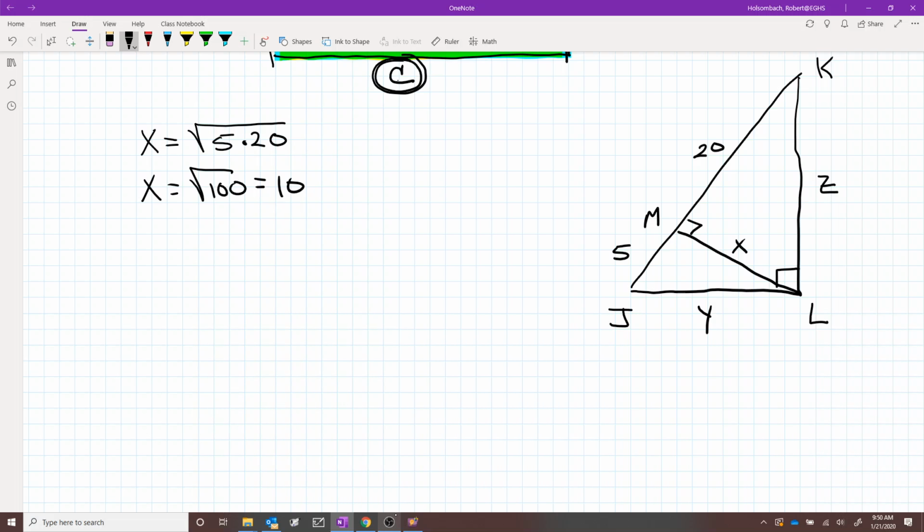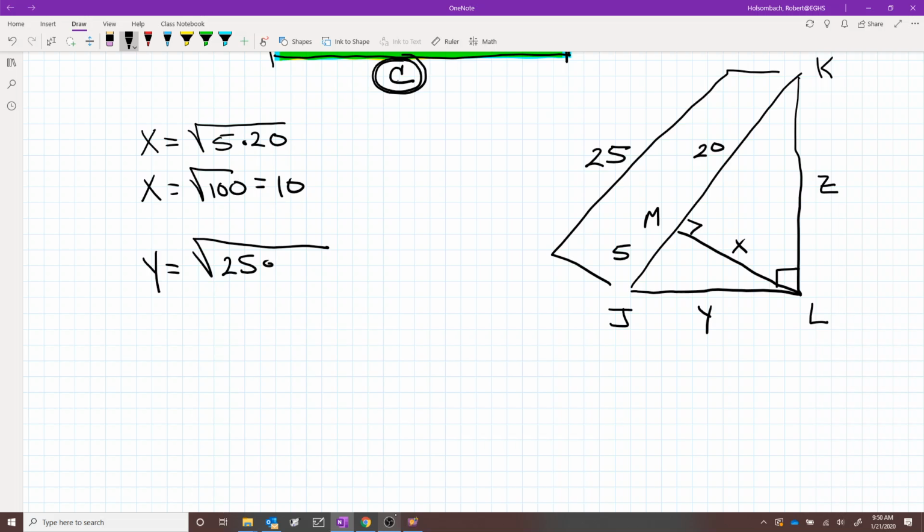Your y is equal to the square root of the hypotenuse, which is 25, times the piece adjacent to it. Here's the piece adjacent to it, right here. It's next to the side y.